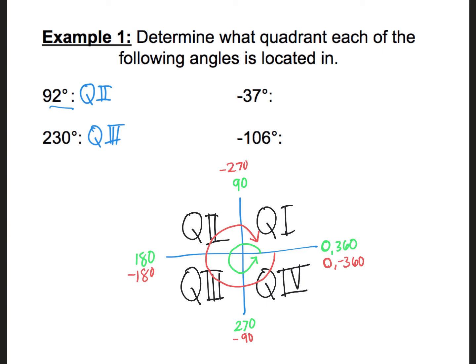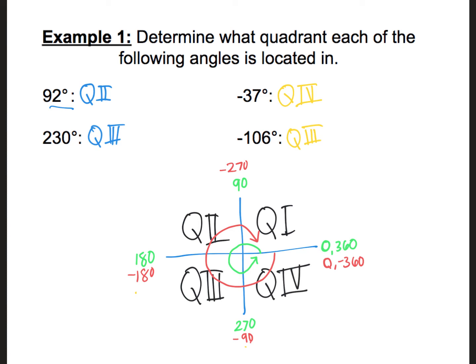So if I go negative 37, that's going to be in between 0 and negative 90. So that one is going to be in Q4. My last one, negative 106, would be between negative 90 and negative 180, so this will be in Q3. All right, that is how you determine which quadrant your degree measures are in.